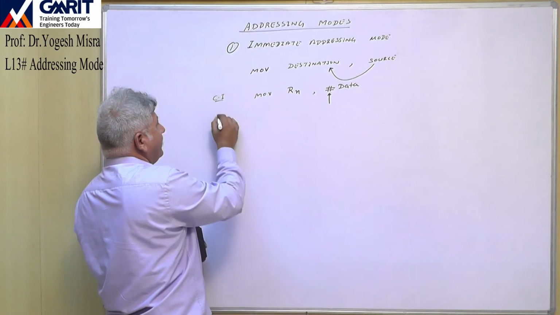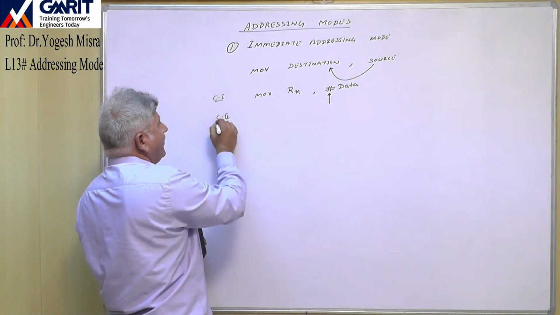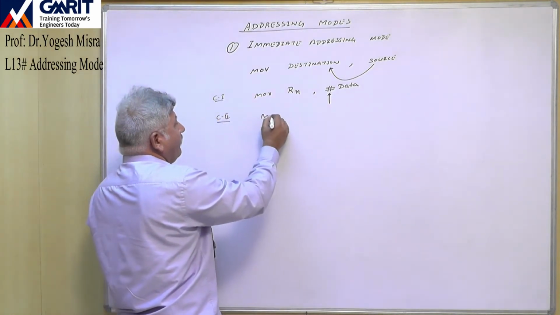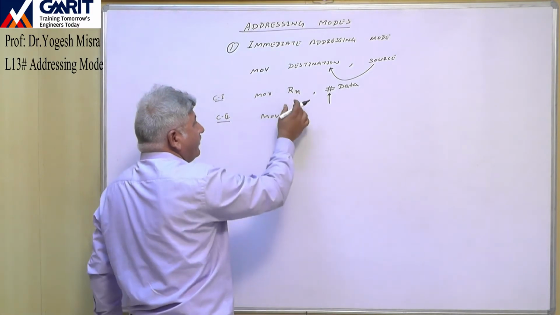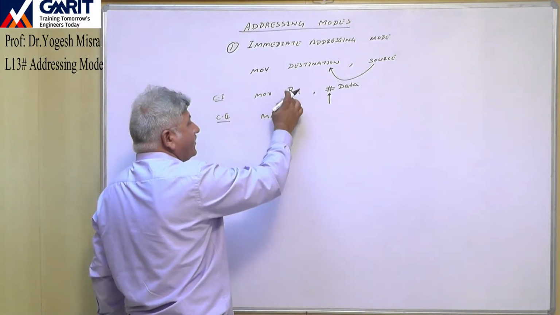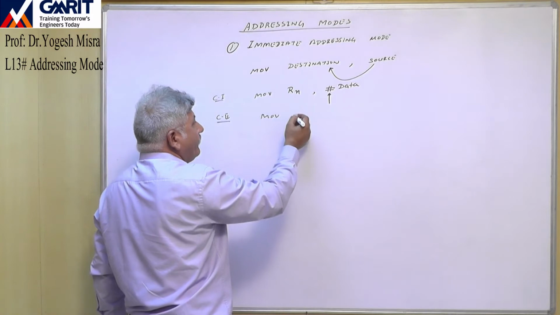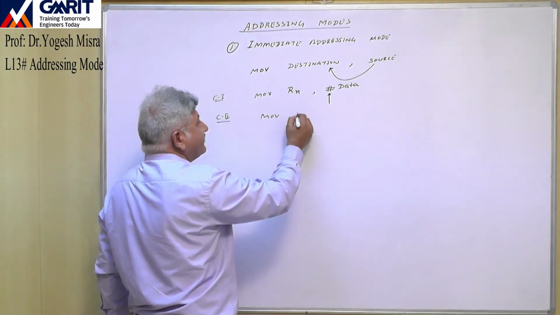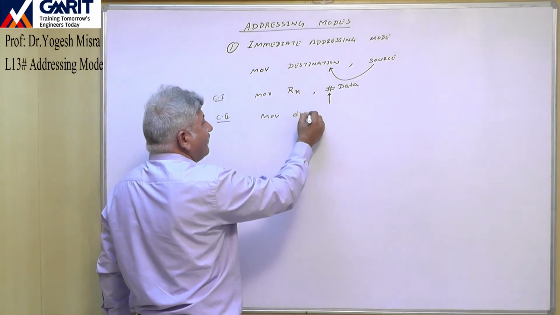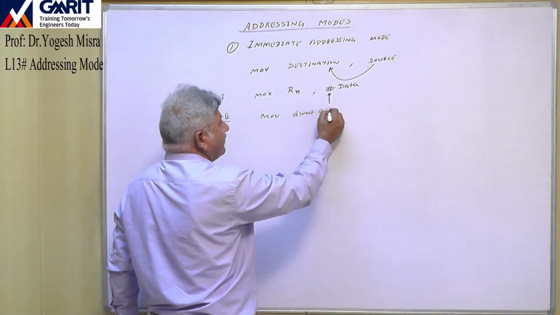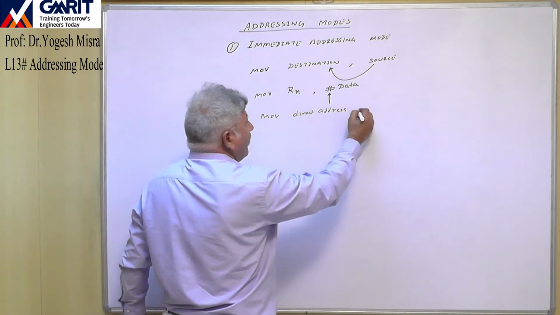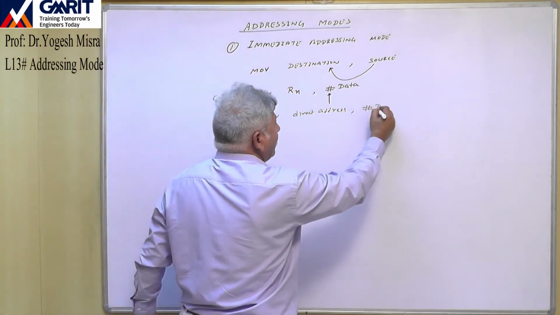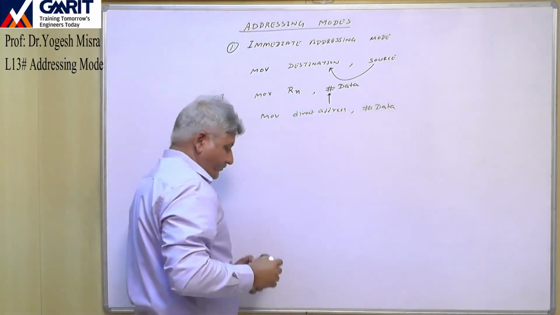So this is case 1, and case 2 of immediate addressing mode is move, and here for the destination, in place of a register, we can use a direct address, comma, hash data.